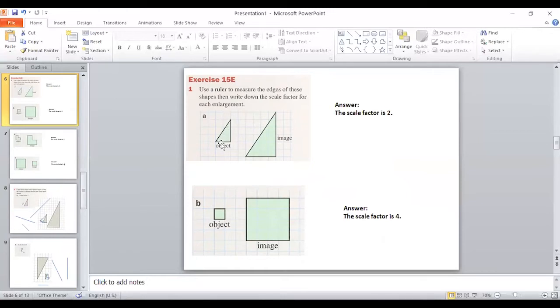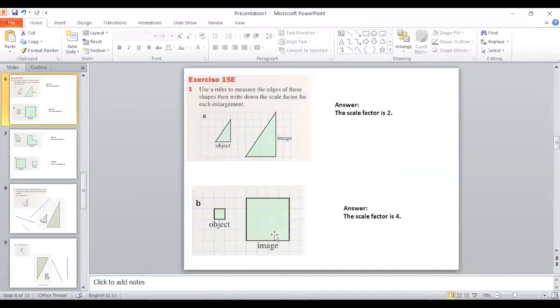In order to find the scale factor, you simply have to count carefully the squares that correspond to each side. 1, 2 is this horizontal side. 1, 2, 3, 4 is its image horizontal side, so twice the object. 1, 2, 3 is the vertical side. 1, 2, 3, 4, 5, 6 is the vertical image side. That's why we decide that the scale factor is 2.